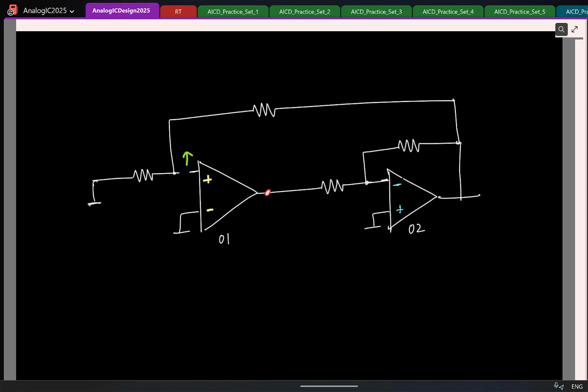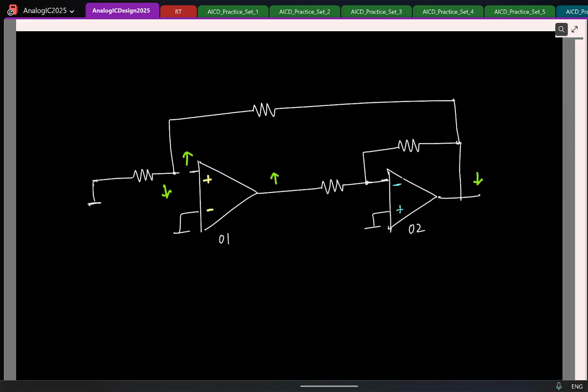What will happen to this voltage? That will increase. So if this voltage increases, what can you say about this voltage? Increase or decrease? This is basically an inverting amplifier, so this voltage will decrease. So if this decreases, what can you say about this voltage? So are the assumed signs correct or incorrect?